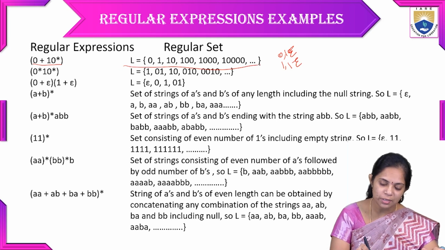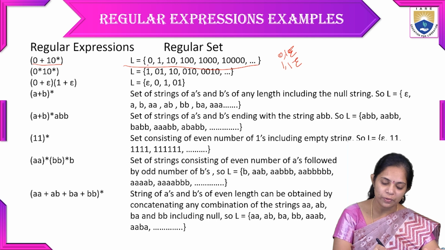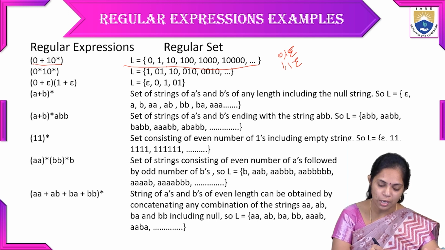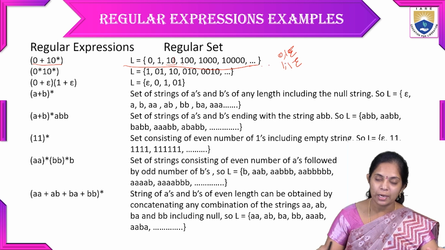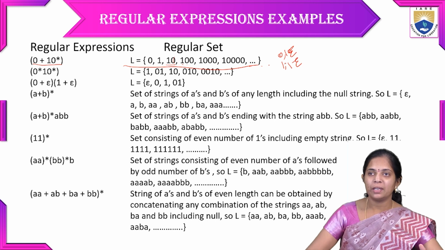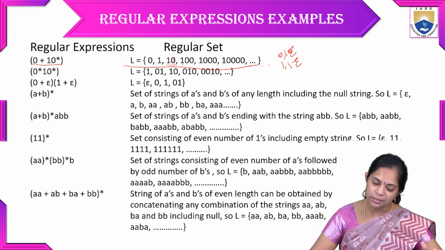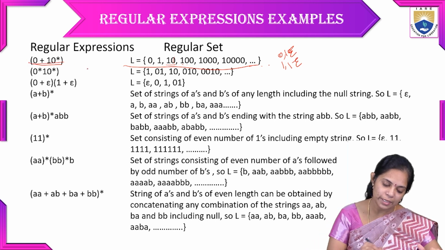The language is a combination of strings starting with 0 or 1, in the form 0, 1, 0 1, 1 1, 1 0, 0 0 1, 0 0 and so on. Like this we form the regular set for the regular expression.